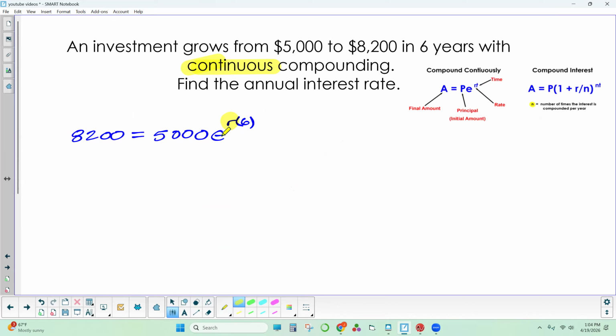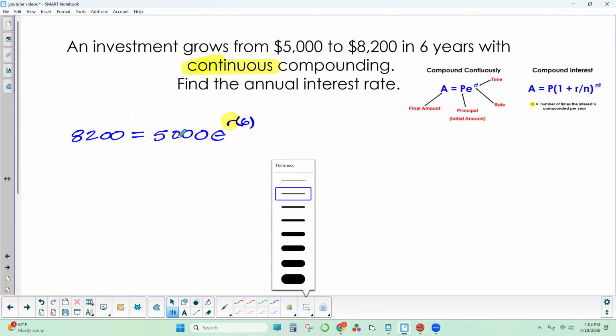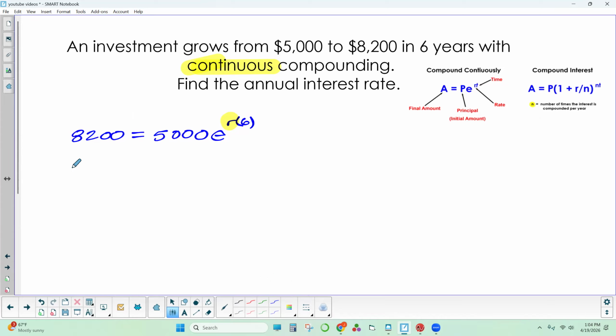So when our variable is in the exponent on problems like this, we're going to need to write a log, okay? We're not going to be able to use common base on most of these application problems, especially when you've got base e. So I'm going to divide off 8,200 over 5,000. Okay. Equals e raised to the r times 6.